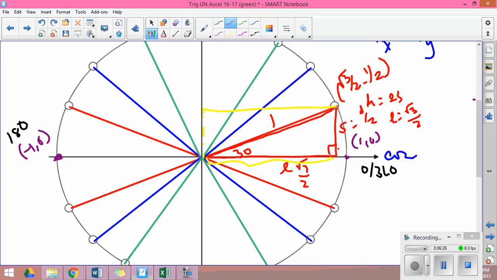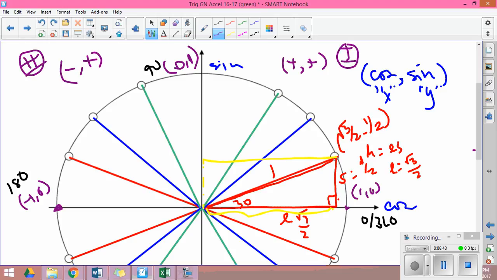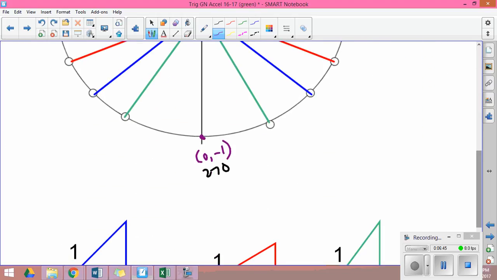If we think about graphing in general, in quadrant 1, x's are positive, y's are positive. In quadrant 2, x's are negative, y's are positive. In quadrant 3, x's are negative, y's are negative.